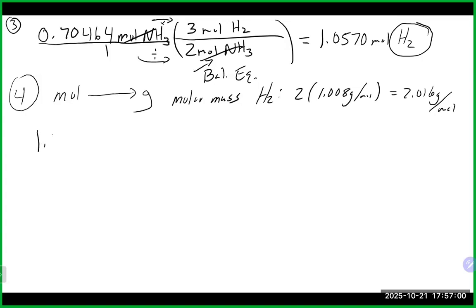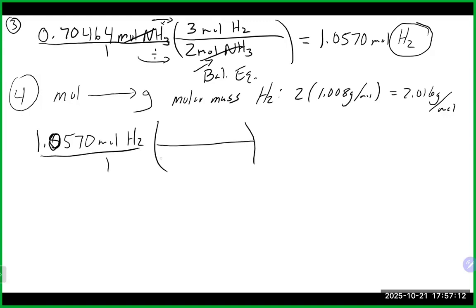We'll take our number here, 1.057 moles of H2. Again, taking the dimensional analysis approach, moles are on top, so we do need moles on the bottom: 2.016 grams of H2.